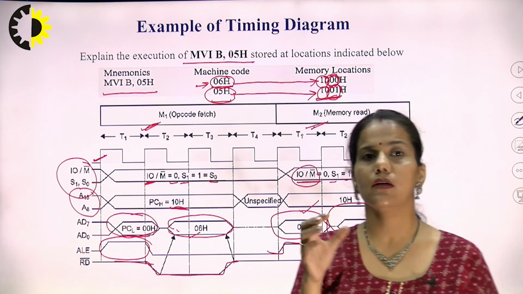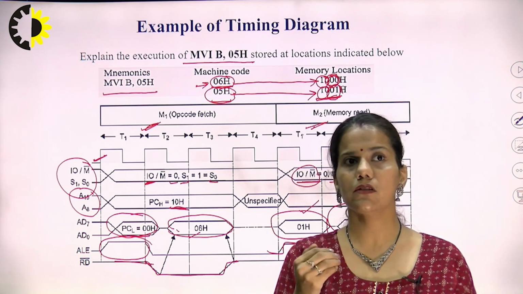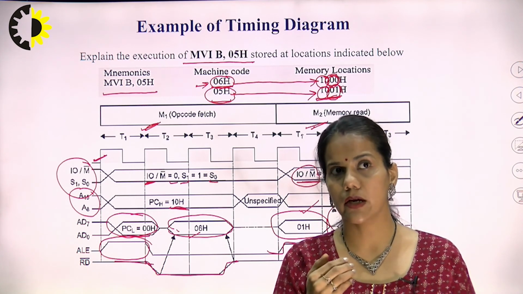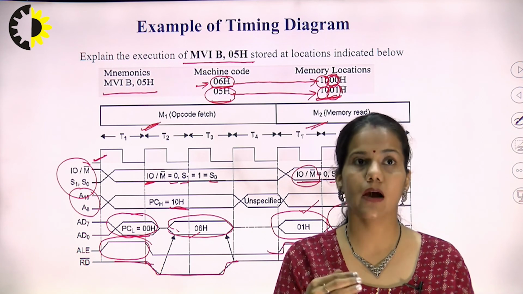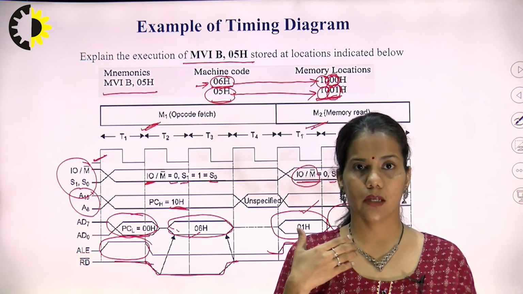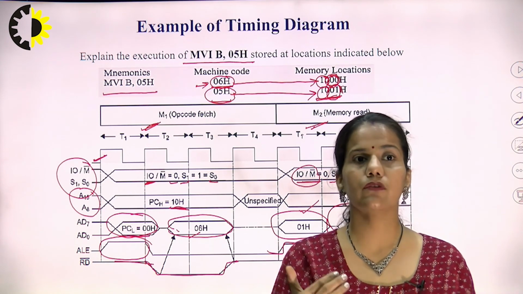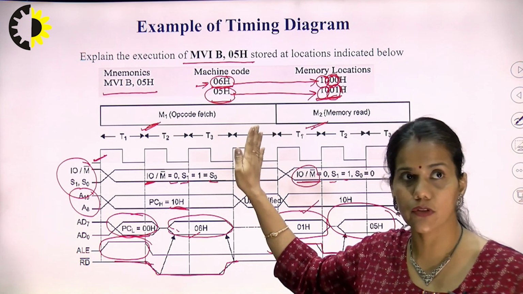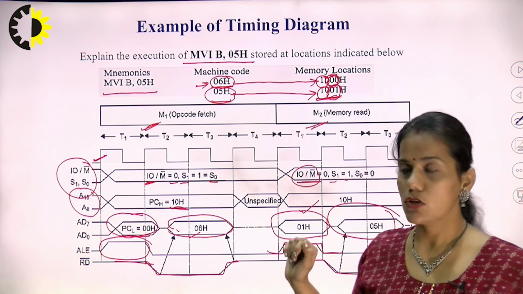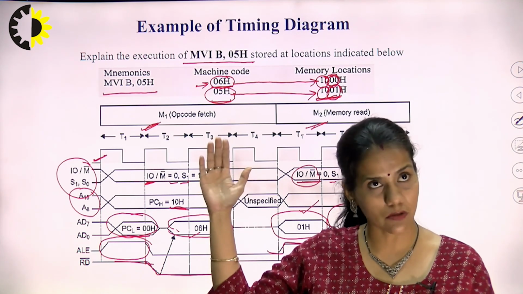Whichever instruction is given to us as a question in the question paper, how will we solve it? We have to understand what is the length of the instruction. So we have to get ourselves clarified with the instruction format. Then we have to understand what all the machine cycles are involved in the execution of this given instruction. So we have to mention the machine cycles involved in this instruction.